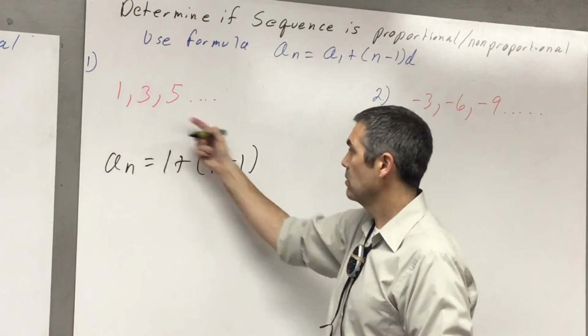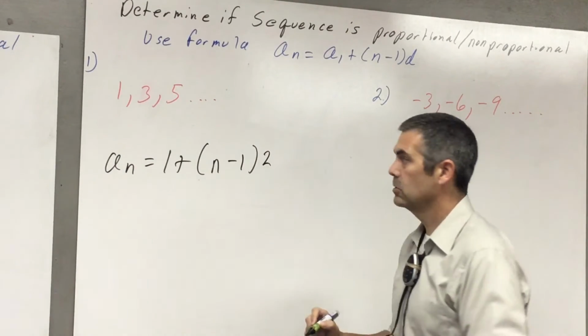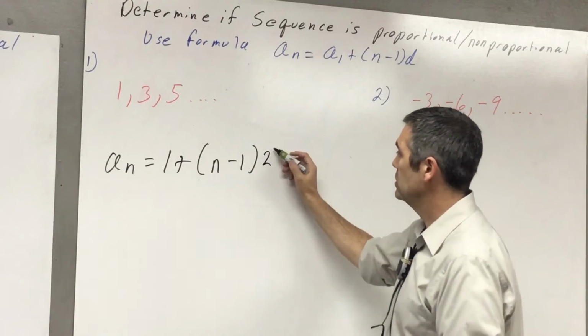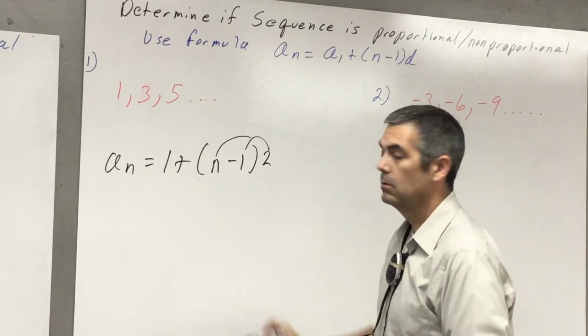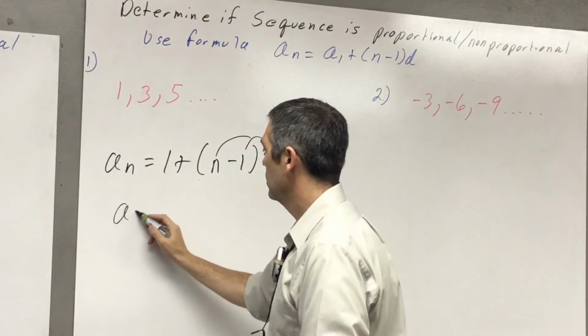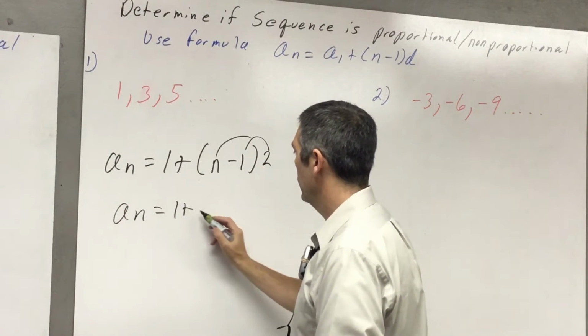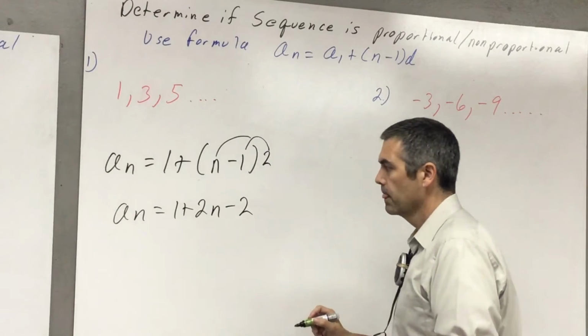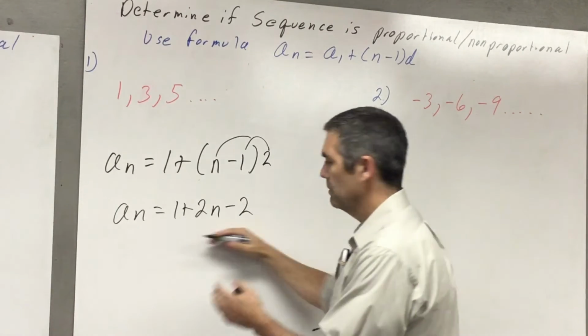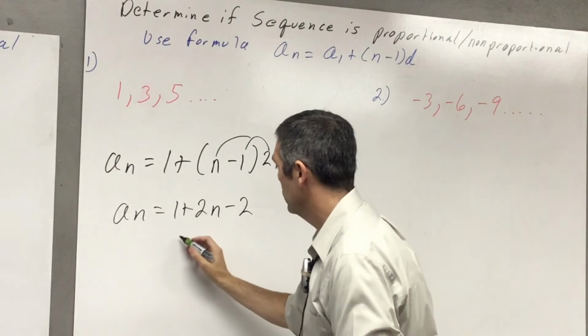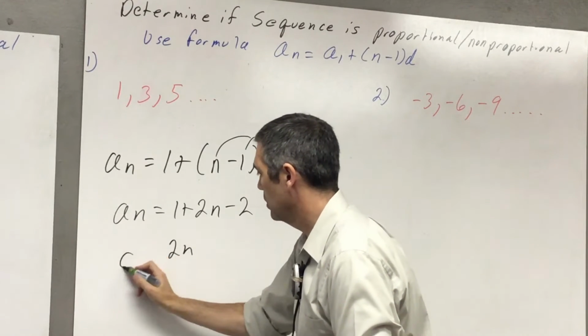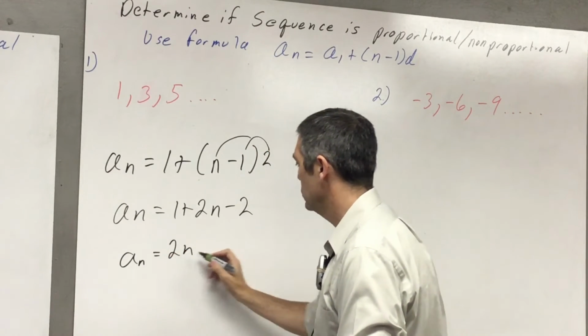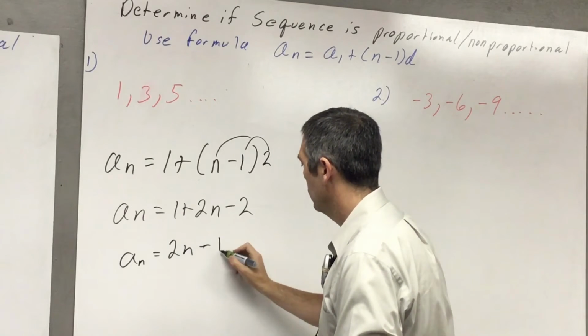Well, the difference is going up by 2, so I'm going to plug in a 2 there. Okay? Distribute this here and here. So you get a sub n equals 1 plus 2n minus 2, and then we're going to simplify. So a sub n equals 2n minus 1.